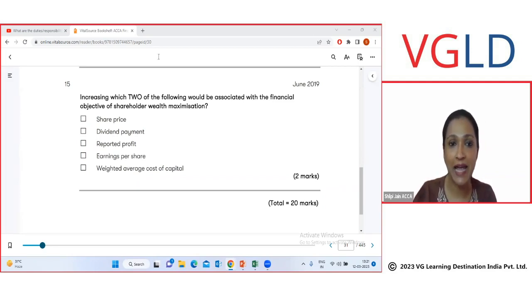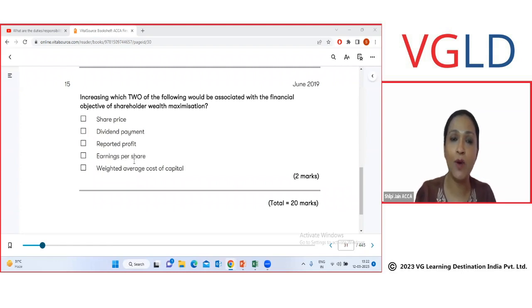So A and C, A and B. B and D is what most of you seem to have selected. D, earning per share is there, but it is not direct. But if the share price is increasing, is it not directly leading to an increase in the shareholder wealth? So earning per share is there, but it is not directly impacting, right?